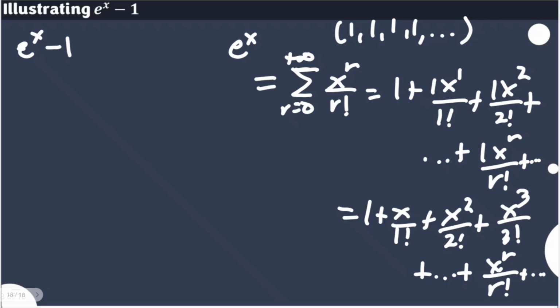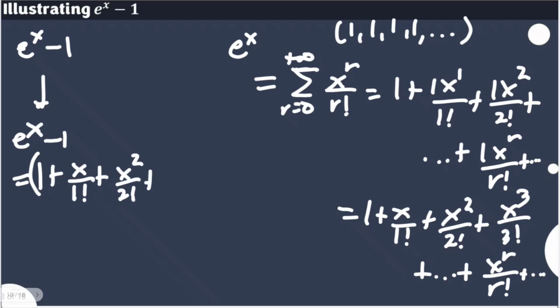So now, to illustrate the equivalent exponential generating function and its sequence, we'll have something like this. Minus 1 would be equal to 1 plus x over 1 factorial plus x squared over 2 factorial plus, until x to the power of r over r factorial, plus so on, then minus 1. So simply subtract 1.